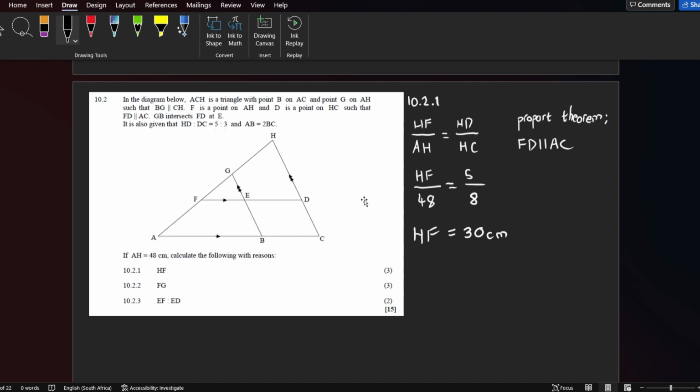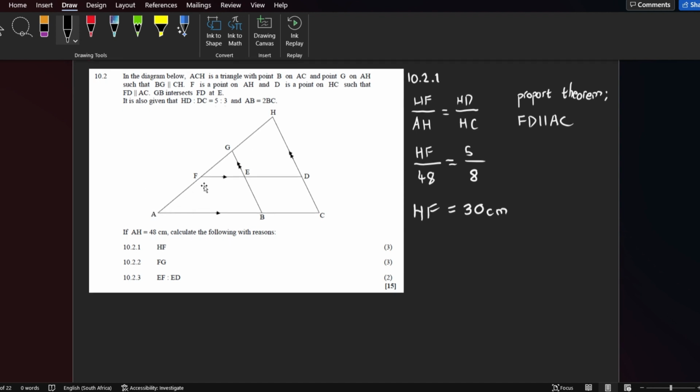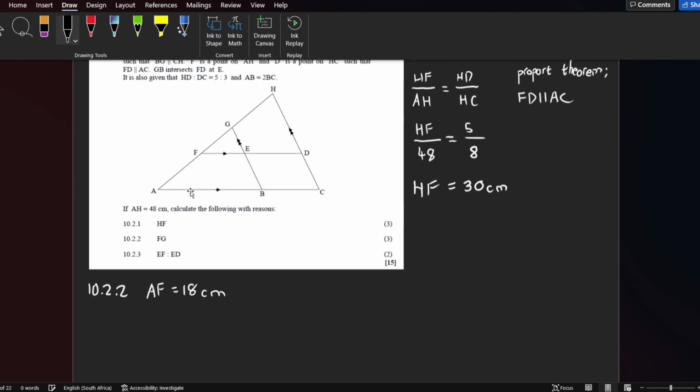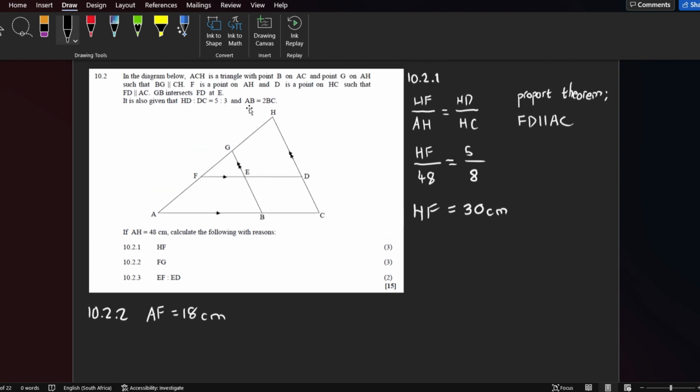Okay, so we know that HF is 30 centimeters, as we've solved, and the whole length is 48 centimeters, so we can get the length of AF to be 18 centimeters. We were given that AB is twice BC, so if we rearrange that and write it as AB all over BC, we get 2 over 1.